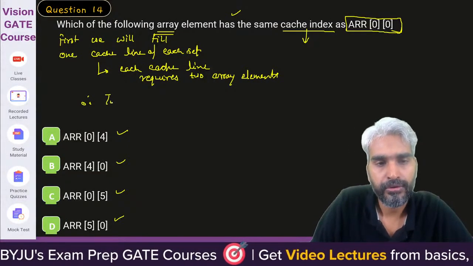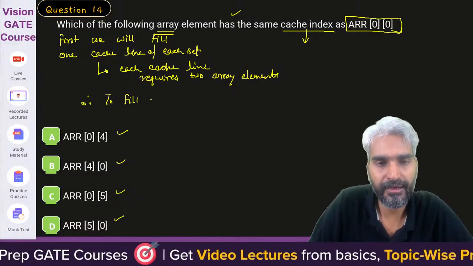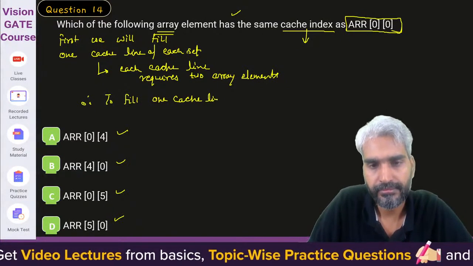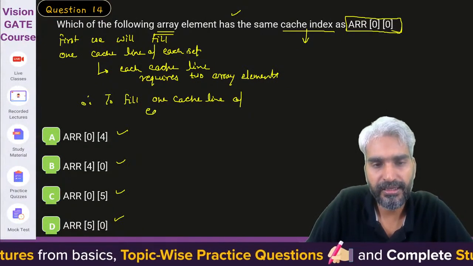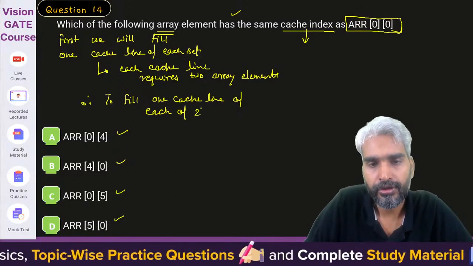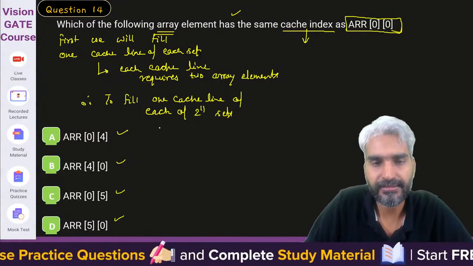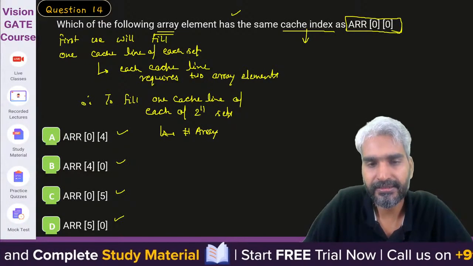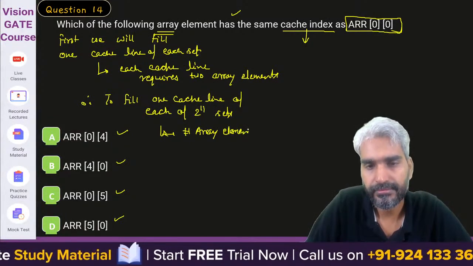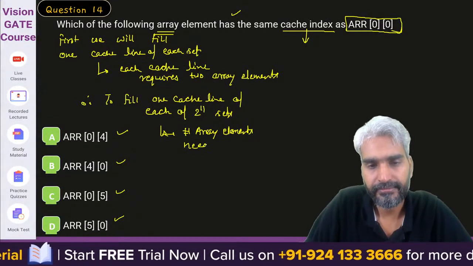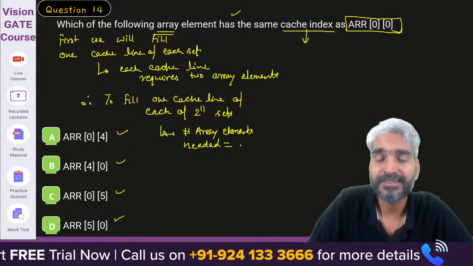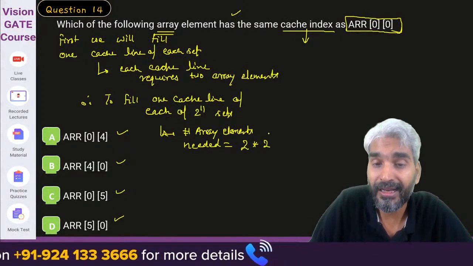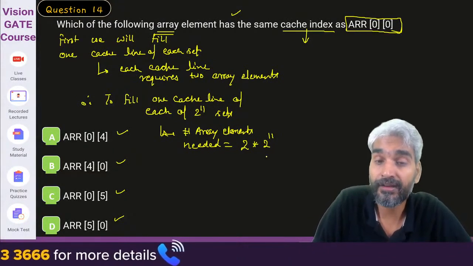Therefore, to fill one cache line of each of 2 raised to power 11 sets, the number of array elements needed will be equal to: in one cache line you are filling 2 elements, and there are overall 2 raised to power 11 cache lines you need to fill, one from each set.